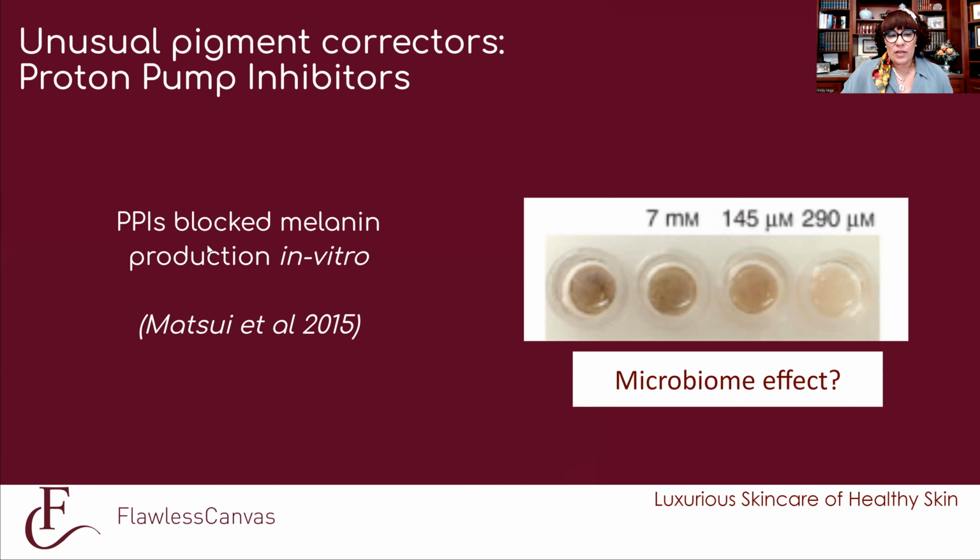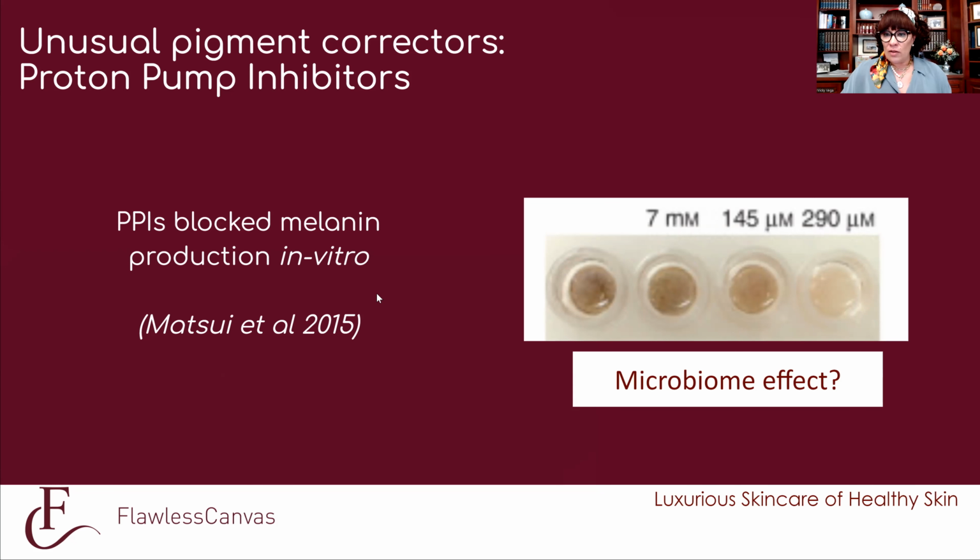So this is your control: very dark, the melanocytes are producing melanin. But when you activate this in the presence of different concentrations of proton pump inhibitor, melanin production decreases to a level where the tissue has almost no brown color. So pretty cool, could work.